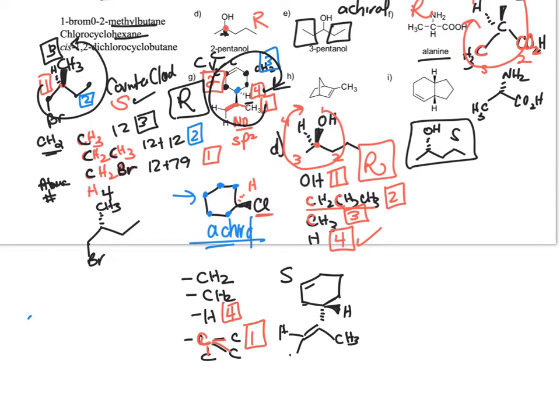CH3, H, H. Now, do you have cis and trans isomerization? Because you have that double bond, and the answer is no, because on one of those carbons, you have the same thing. They both have hydrogens, so you don't have to worry about cis and trans. Okay, this molecule, once again, on H, you need to draw the mirror image, and then you're going to need to rotate that molecule to draw the enantiomer.